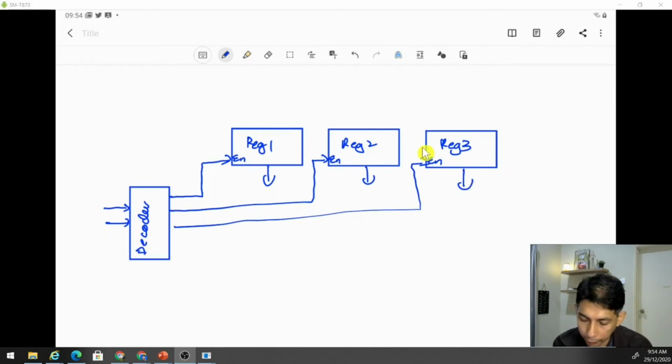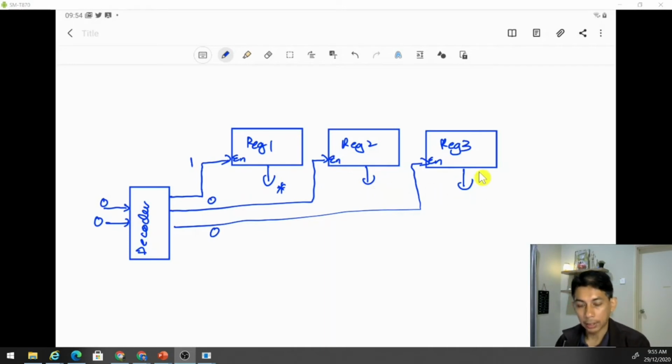So if 00, this is 1, and this should be 0, and this should be 0. So this will enable read for this register, and you can get the data from this. And this one, the data is not here.